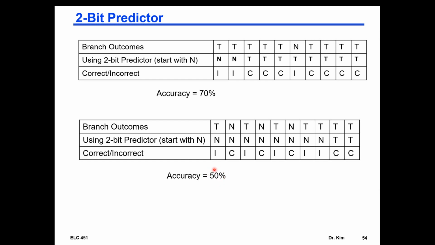So that's a 25% increase, the way that we would look at that. But it does show that your accuracy does increase with a 2-bit predictor in the case that you have more heterogeneous outcomes in the actual outcomes of the branch being taken versus non-taken.